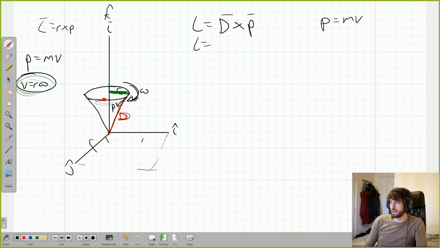So L is m times D cross V. We pulled the m out because it's constant, and then we got the same thing except the P has become mv. So L is m D cross V.